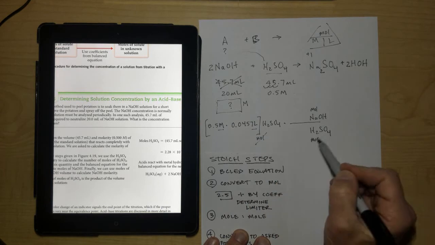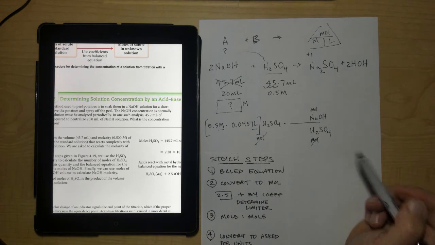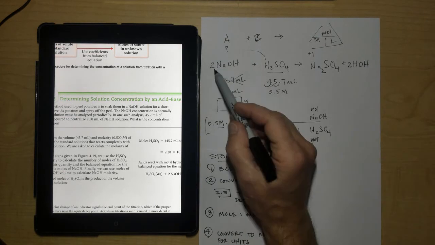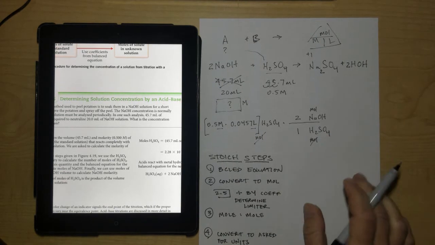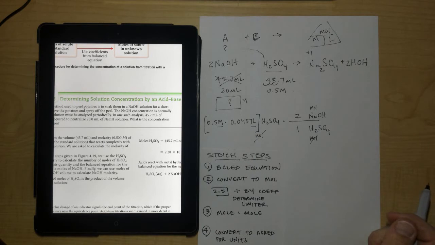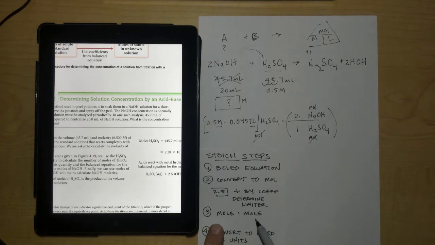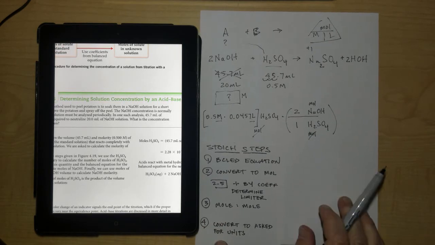So the moles will cancel with the moles. In front of H2SO4 there's a 1. In front of NaOH there's a 2. That finishes step 3. And now in step 4 I need to convert to the asked for units.